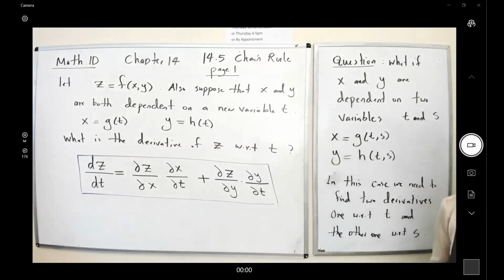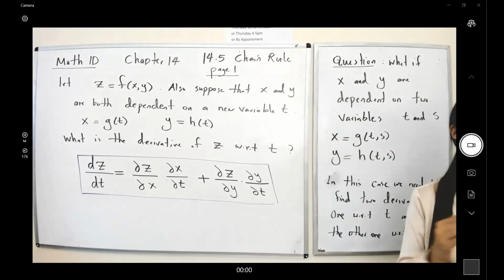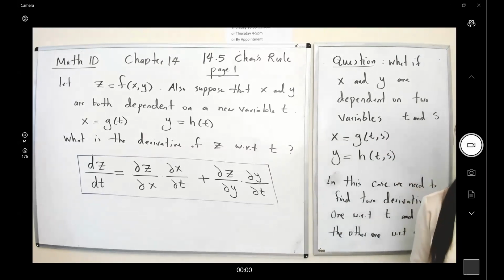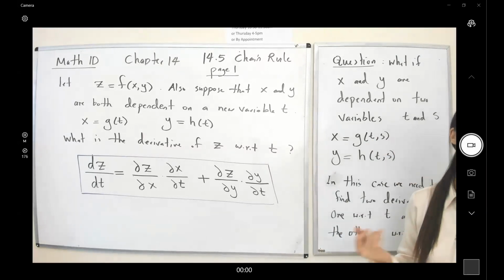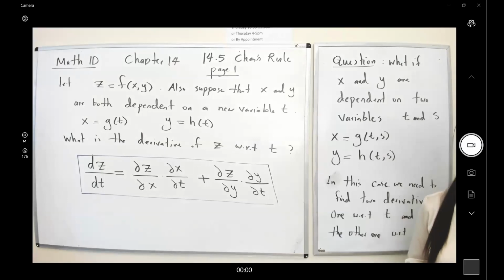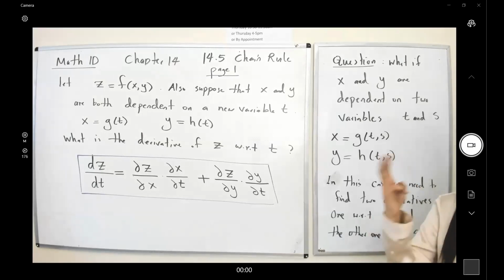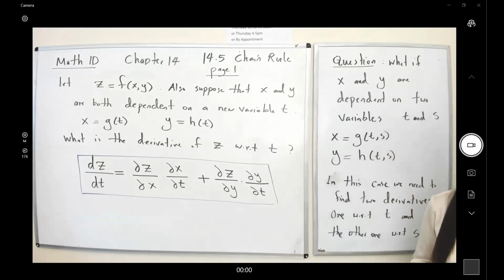Can I generalize the idea? Of course. Suppose now I'm having three different variables, t, s, and let's say l. How do you take the derivative? So since you have three variables, you have to write three different differentiations.